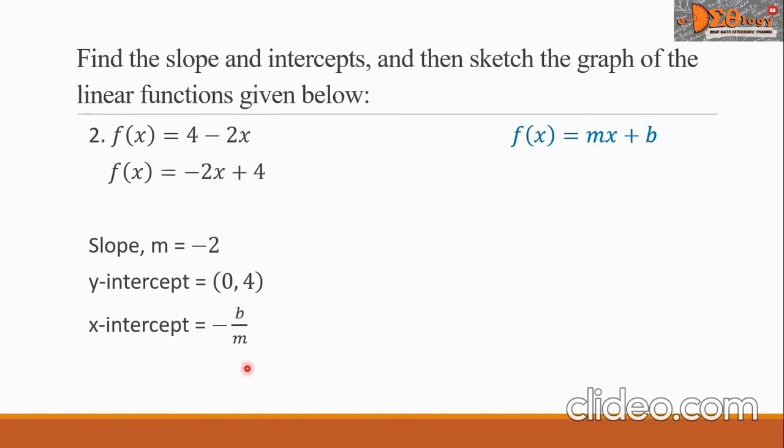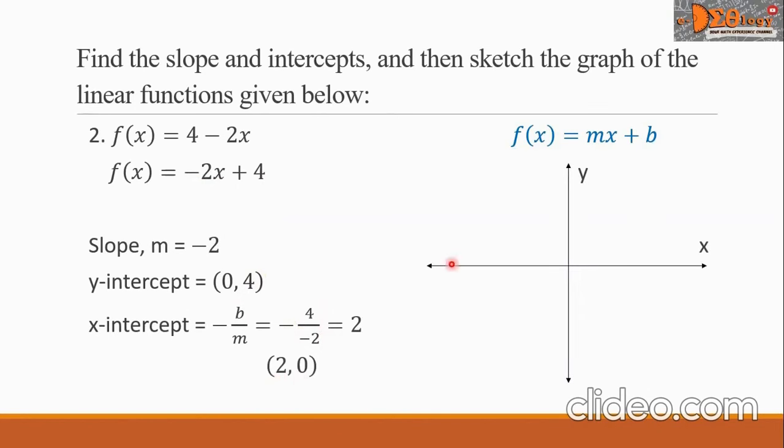And substituting the values, this is equal to negative 4, that is the b, over the negative 2, which is the slope. And then we simplify. Negative and negative becomes positive. 4 divided by 2 is equal to 2. Showing now the ordered pair of x-intercept, we have 2, 0.